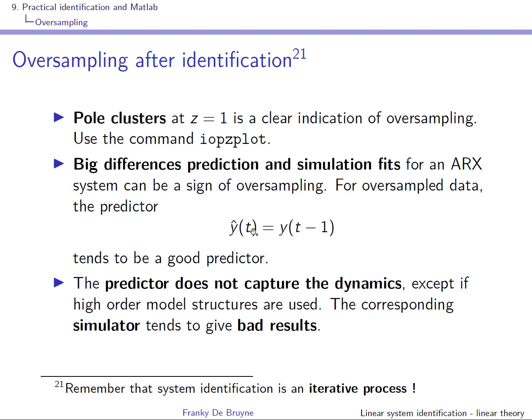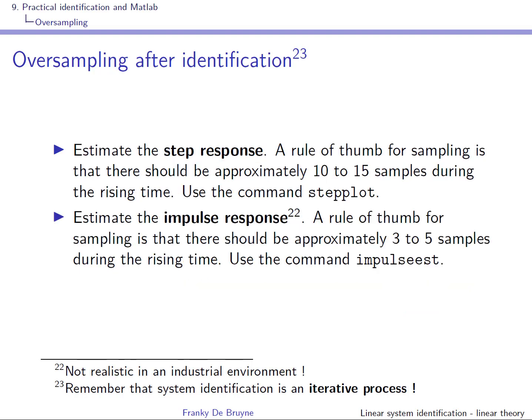This is again showing that the identification process is iterative. But of course what you should do is make it a habit to estimate the step response or the impulse response of the system. And as a rule of thumb, if you have access to this estimated step response, for instance, then as we have seen in the course of digital control, there should approximately be 10 to 15 samples per rising time of the step response.